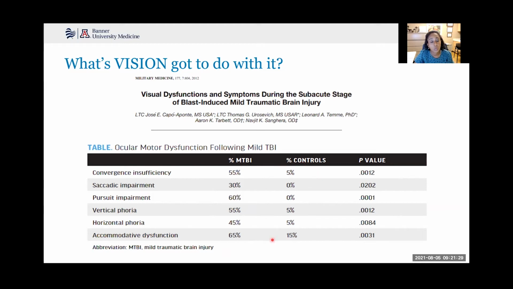So all of which were statistically significant and relevant for us to think about when looking at these groups, even if it's not an outright blow to the head, which some clinicians kind of think about only. So this is just a helpful study in that.